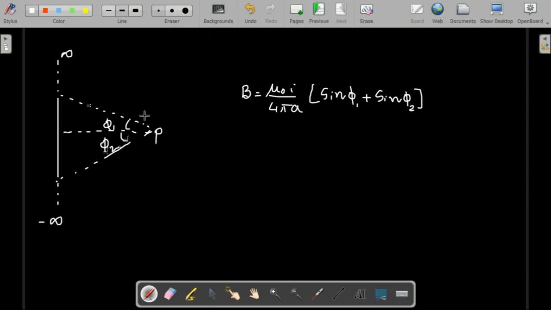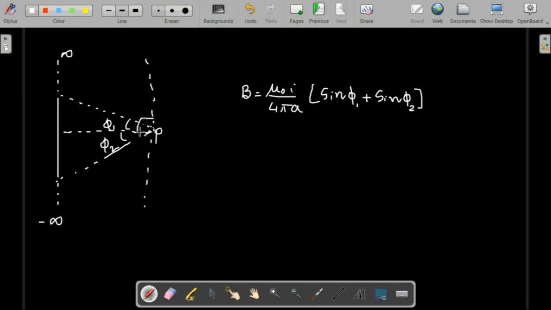But if it's an infinite length of wire, that means this angle is getting straighter and straighter. It can get maximum straight up to this particular point. A good way to assume is that if we are considering an infinite length of wire, at a very far distance this will become almost straight on both sides.